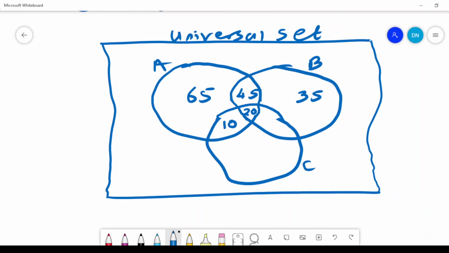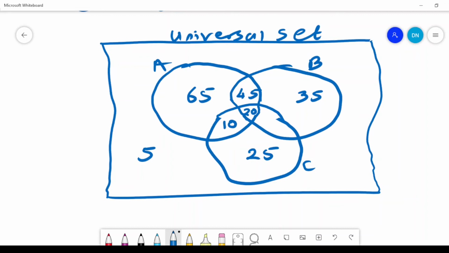Then 55 watched station C. You can already see there is 20 plus 10, which is 30; 55 minus 30 is 25. And then we are told that 5 did not watch any station. So that's how you fill in the Venn diagram.